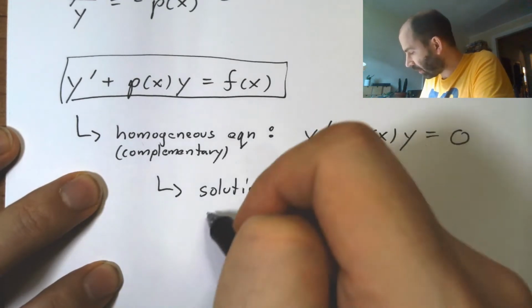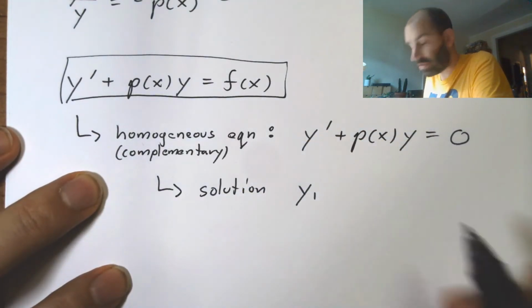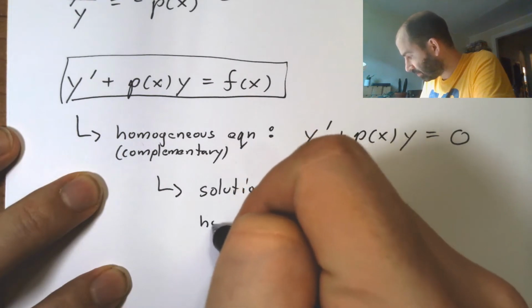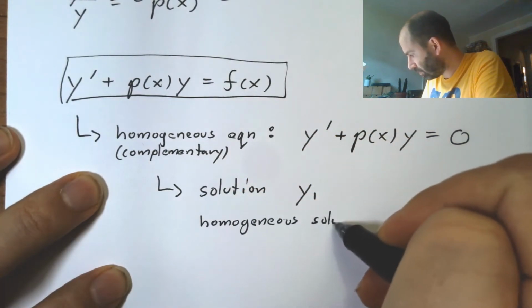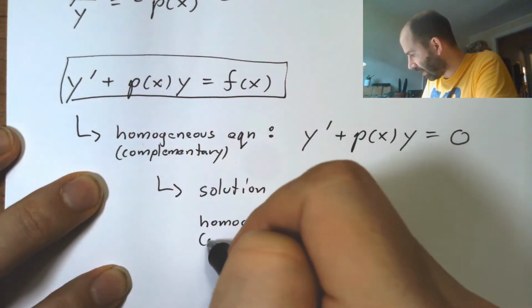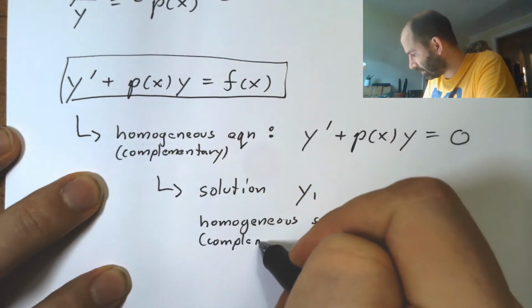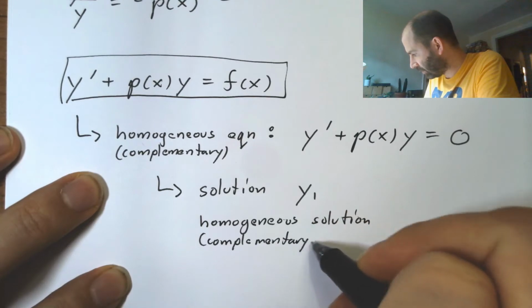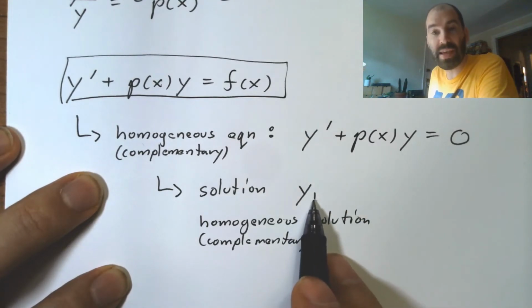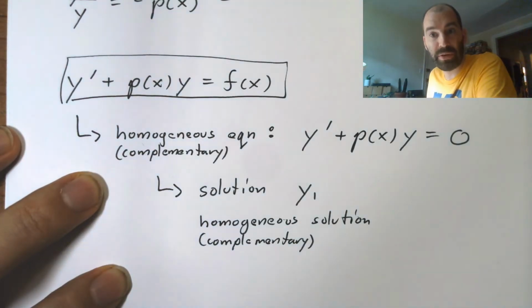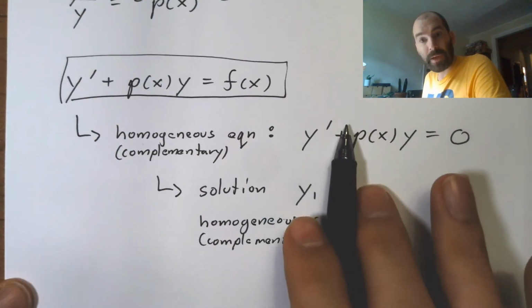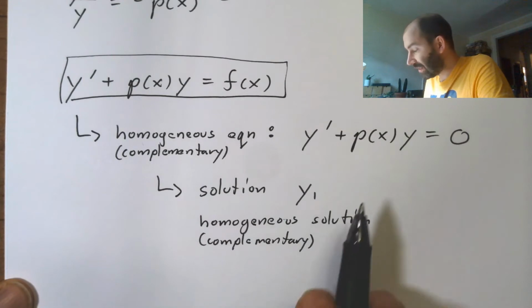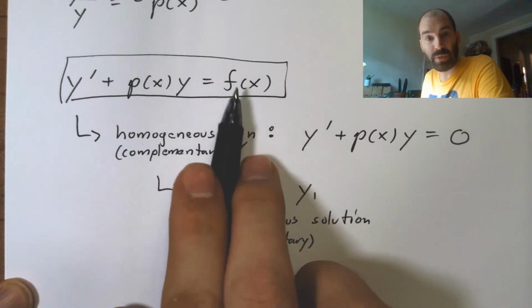And this is what we're going to call the homogeneous solution, or the complementary solution. And so you'll see in some books they write a subscript C here, C for complementary. Okay, so we're going to get that. Okay, now what do we do once we get that? Because that's not the differential equation we want to solve. This is the one we want to solve.